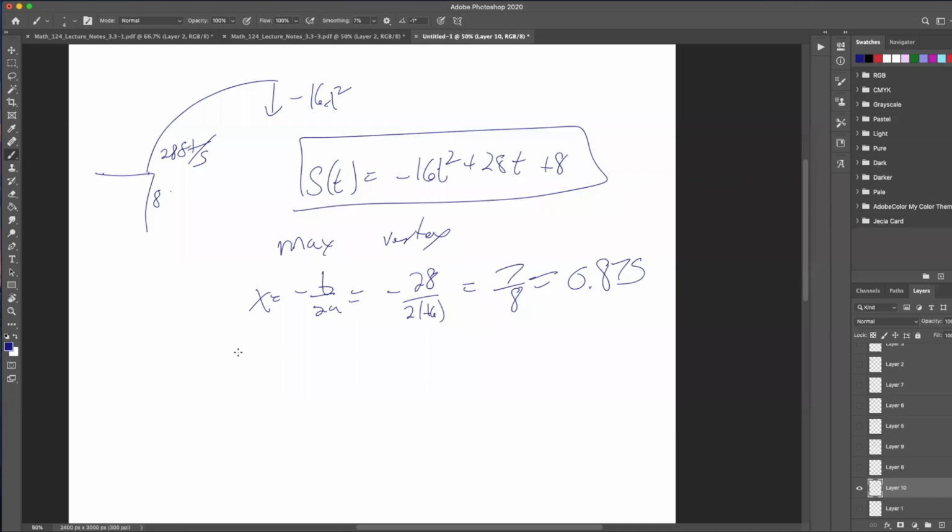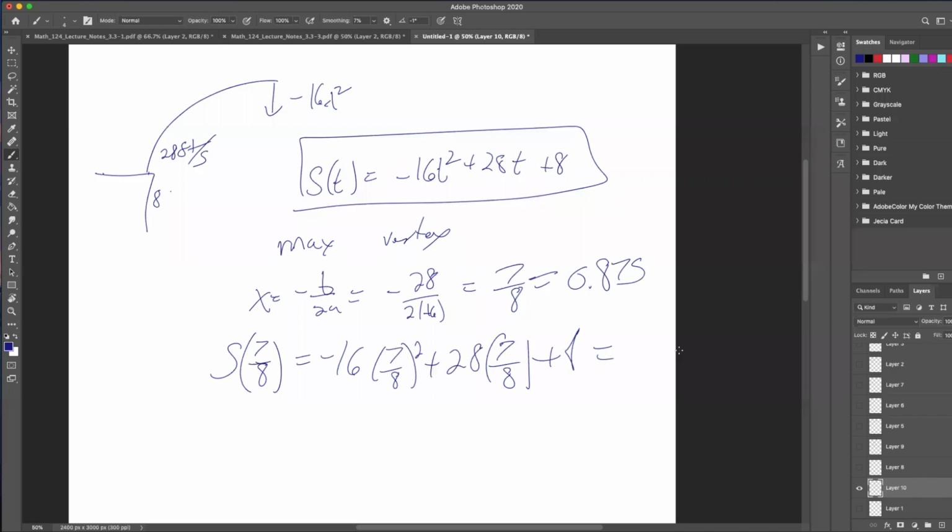0.875. And so how do I find the maximum height? I just plug in 7/8. So I crunch that through: minus 16 times 7/8 squared plus 28 times 7/8 plus 8.